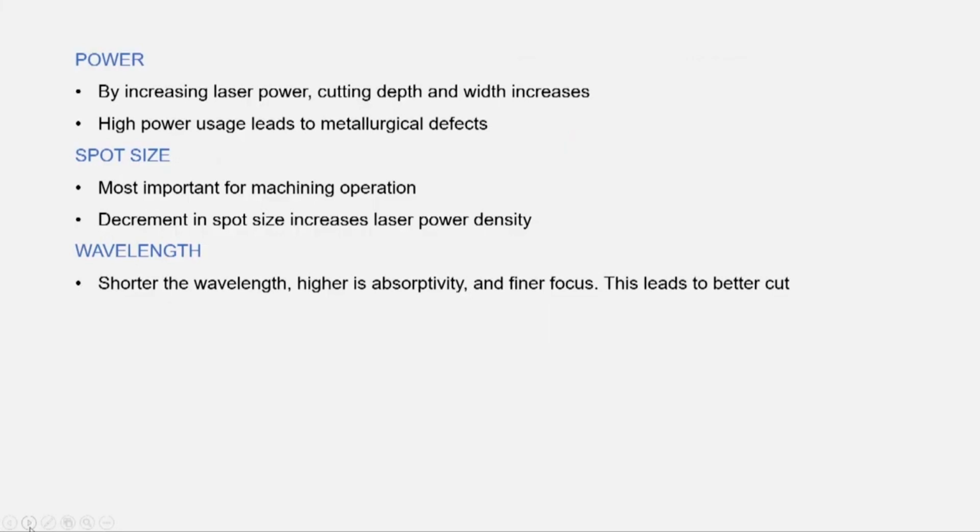Fine, let us summarize the effect of various process parameters. We have seen power. By increasing laser power, naturally the cutting depth and the width increase, the kerfs are getting larger.